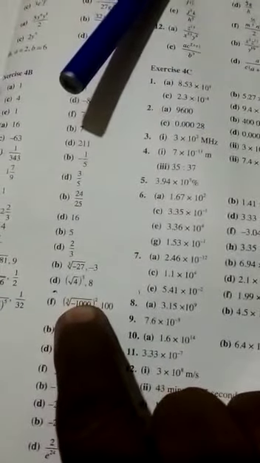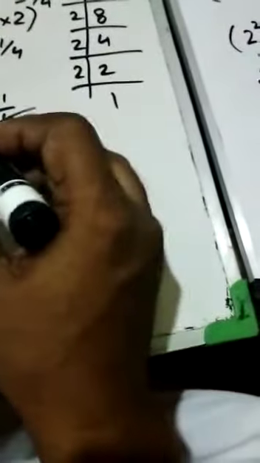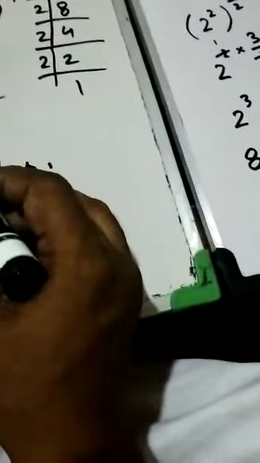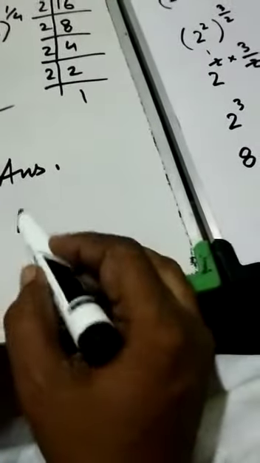And the answer is 8. It is correct. Now over here in this question, we neglected this negative sign. Because of this negative sign, we will have one more step to do. This will give you minus 1, and it will become 1 upon 2. So the answer will be 1 upon 2 instead of only 2.